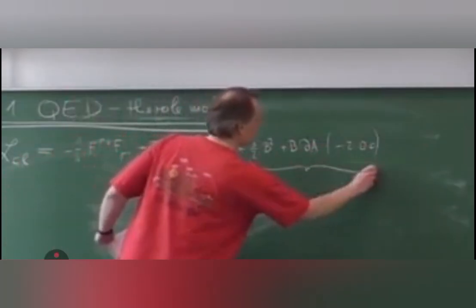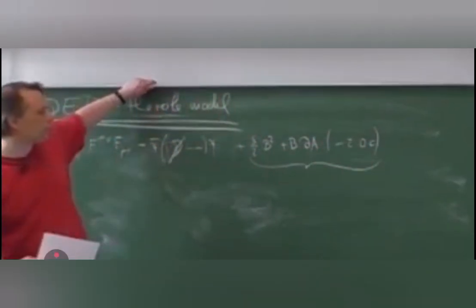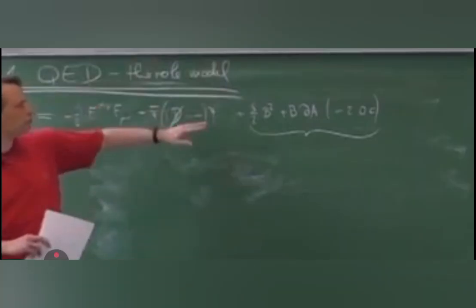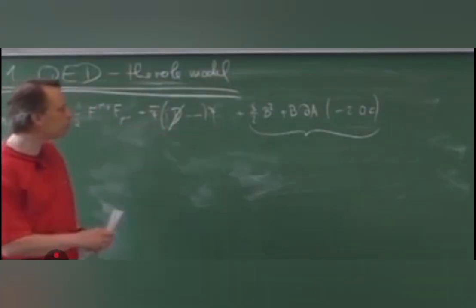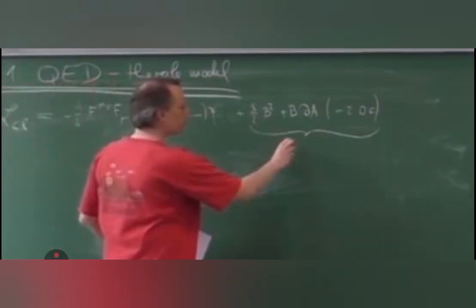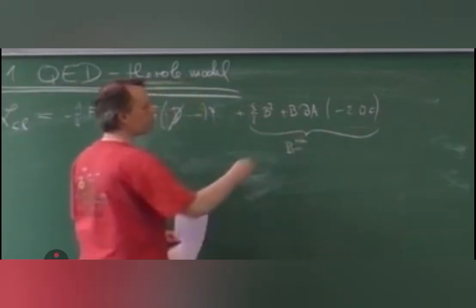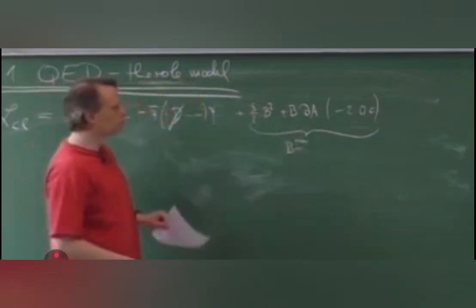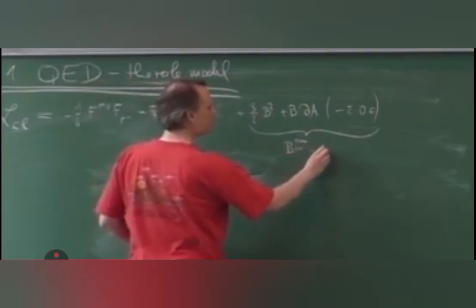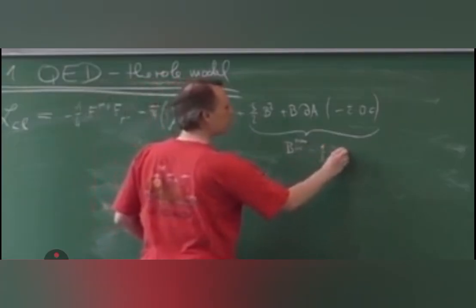That gauge fixing term might be a little bit unfamiliar to some of you who are not in the quantum field theory 2 lecture. But the B field is an auxiliary field, and if we use the Euler-Lagrange equations of motion for B, they do not involve derivatives, and simply B is equal to minus 1/ξ ∂_μ A^μ.